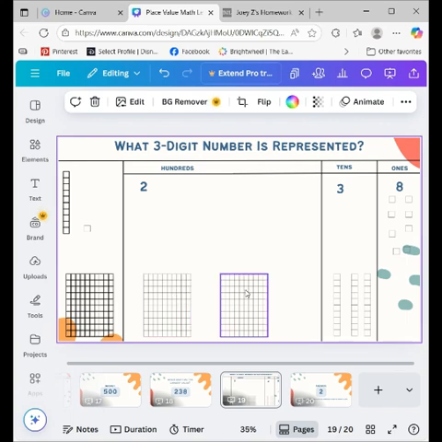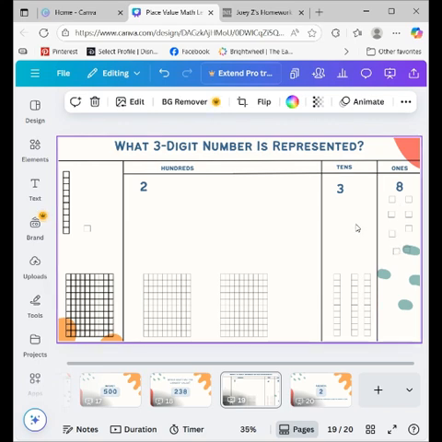Good. But our question was, which one has the largest value? Before you put 8, and I understand why. It is the largest number, but it's in the ones place, so it only has 8 ones.